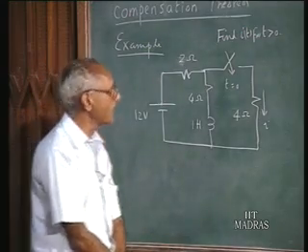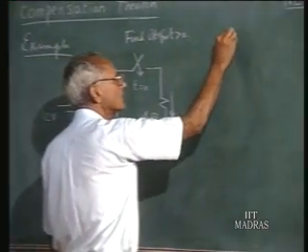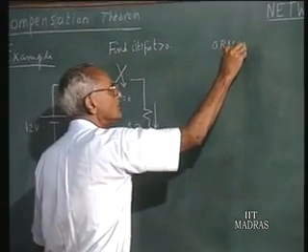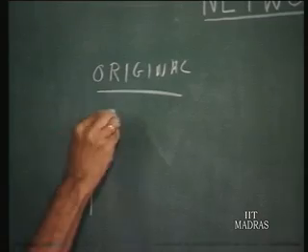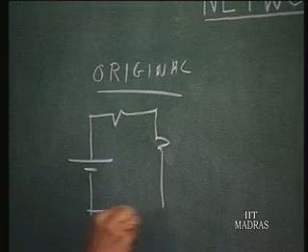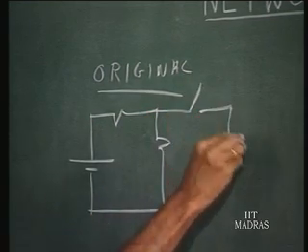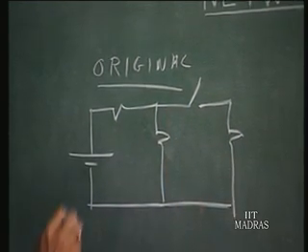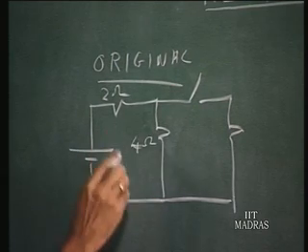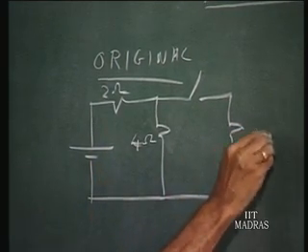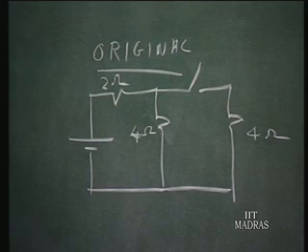So we can say that we have the original network which is purely resistive: 2 ohms, 4 ohms, and then another 4 ohms, and this is 12 volts.